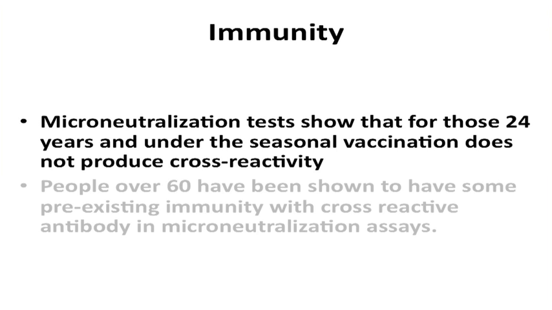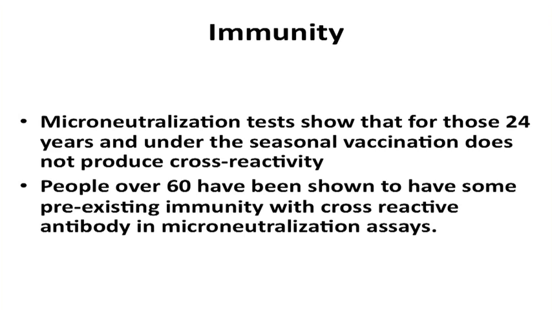On the other hand, people over the age of 60 have been shown to have some pre-existing immunity, which is able to neutralize this virus. So this is one of the few things where old age really is good in terms of this H1N1 virus. The older ones sitting around here and standing around here are much more protected.